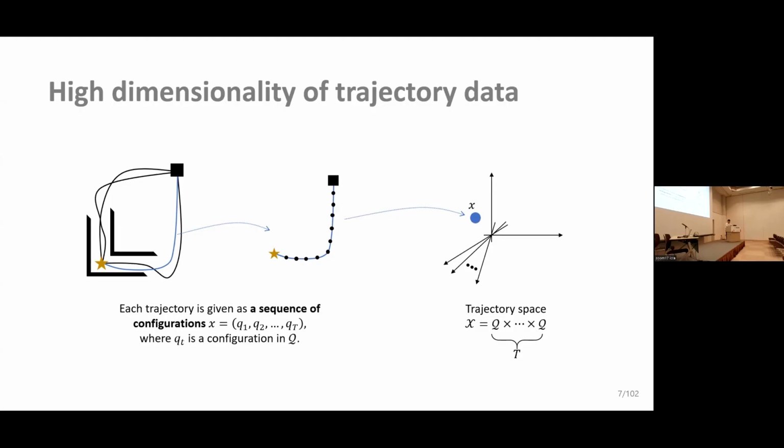Here, the trajectory space is just the product of configuration spaces, T times, with sequence length T. This trajectory space is often very high dimensional. It is T times the dimension of Q. And we typically have a small data set. These two factors introduce significant challenges for learning accurate motion skills.